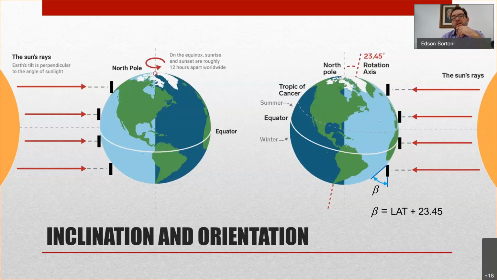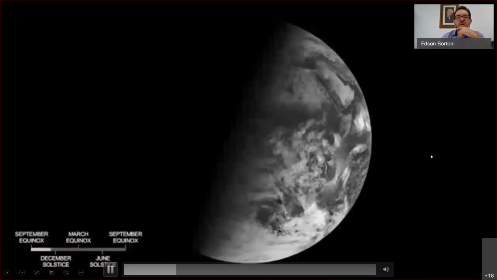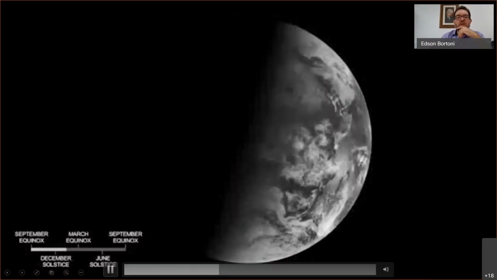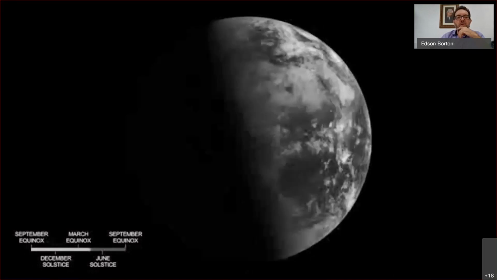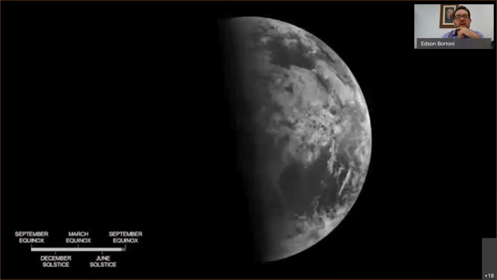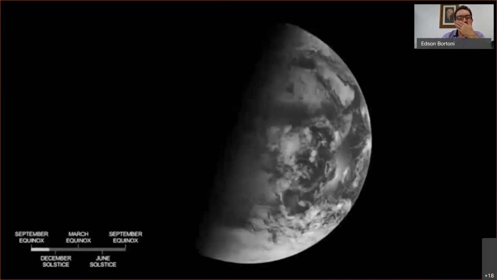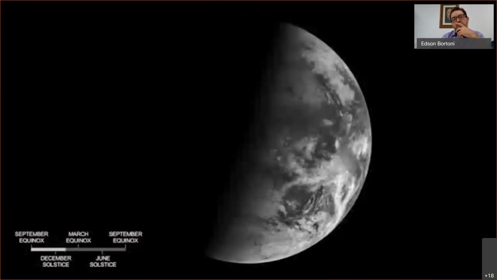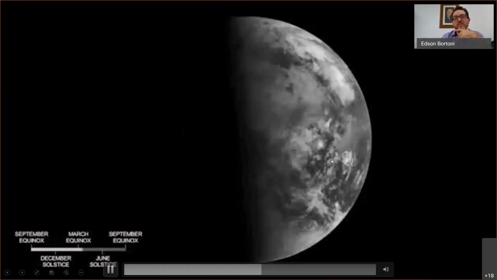But it is important to note that we have this rotation axis, the north, along the months. We have changing of angle of the Earth. See, Africa is here.